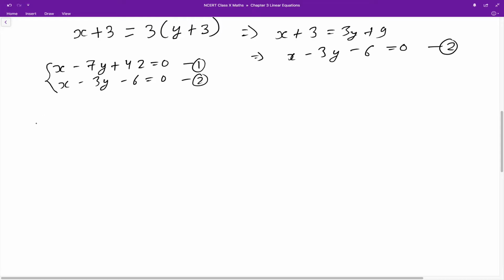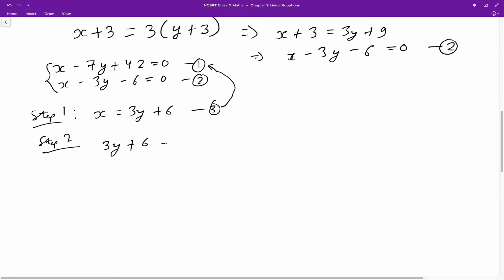Let us solve it using the substitution method that we just learned. So the very first step is we represent x as 3y plus 6. So we used equation 2 to represent x in terms of y. Now in step 2, we put this value of x into equation 1. So x is 3y plus 6 and we have minus 7y plus 42 is equal to 0.